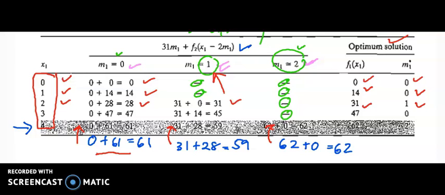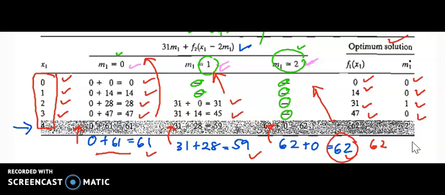Then, for x1 equals 3, you have to compare between 47 and 45. The maximum is 47, and this 47 comes from m1 equals 0. And finally, when x1 equals 4, you have to compare between 61, 59, and 62. The highest is 62, and it comes from m1 equals 2.